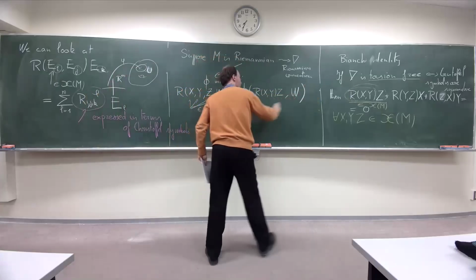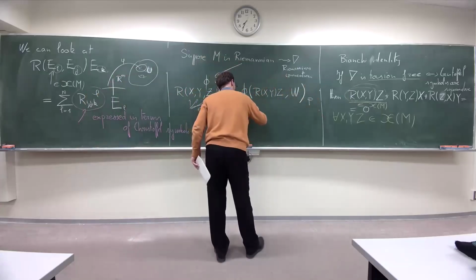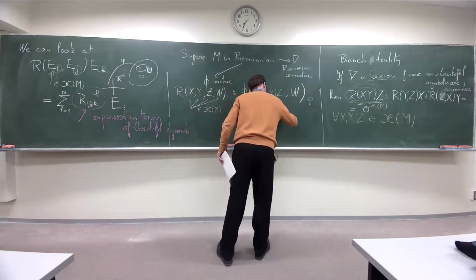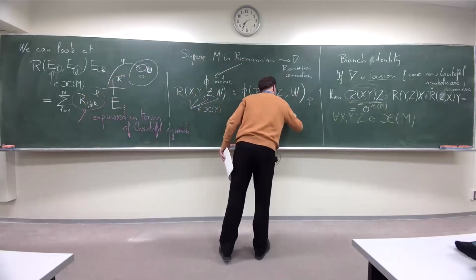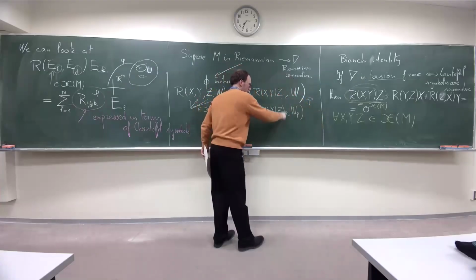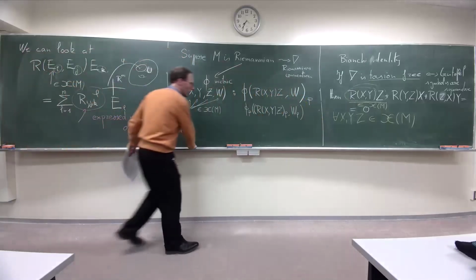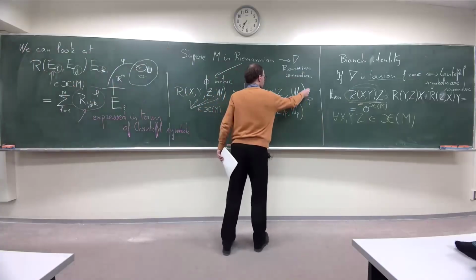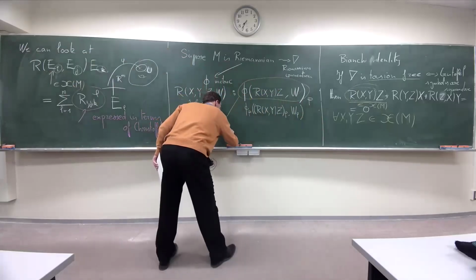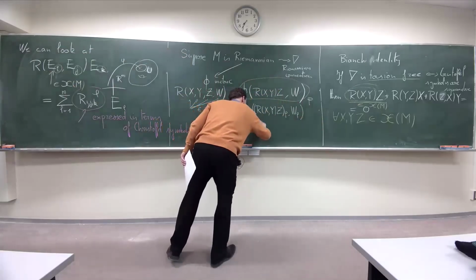So more precisely, if we evaluate this at P, by definition, this is phi P of this R of X, Y, Z evaluated at P, W evaluated at P, and the metric takes precisely 2 tangent vectors and gives you a number. So before evaluating, this expression is a smooth function on the manifold with value in R.